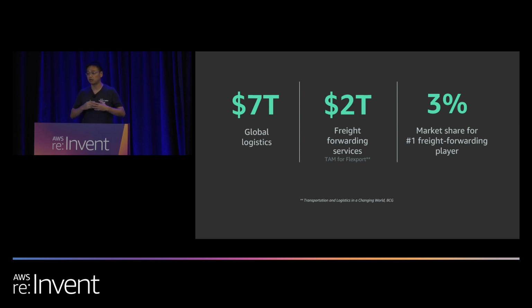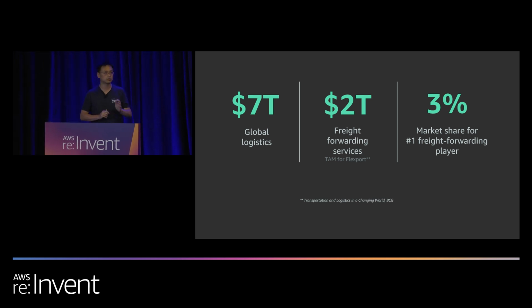And if we look at the freight forwarder market itself, it's actually super, super fragmented. The biggest one is a company over 100 years old, with more than 80,000 employees and a market value over $25 billion, super valuable, but they only have 3% of the market share.